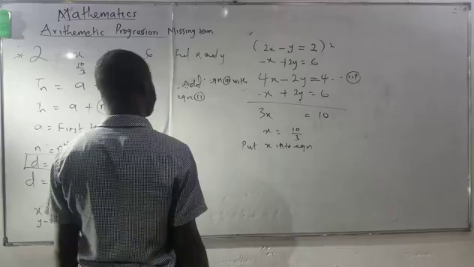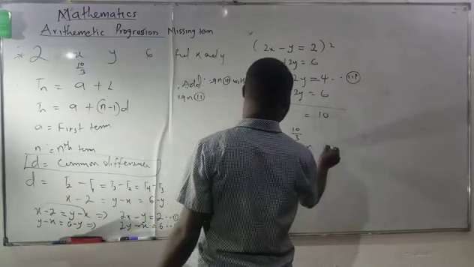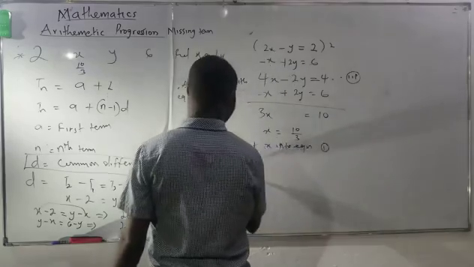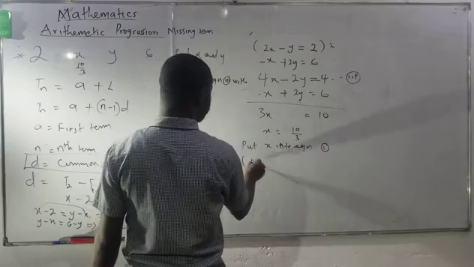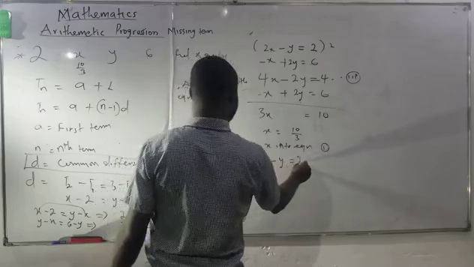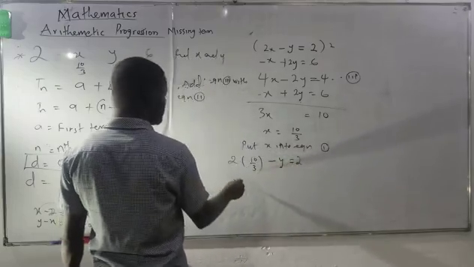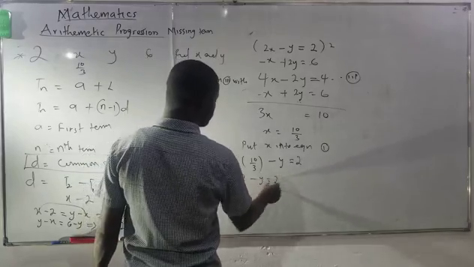Which equation is going to be convenient for me? I can put it in equation 1. What's my equation 1? 2 bracket of 10 all over 3 minus y equals 2, which is going to be 20 all over 3 minus y equals 2.